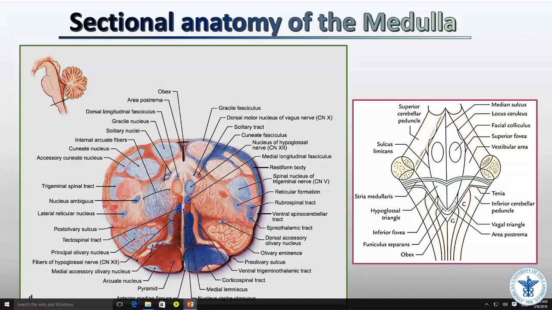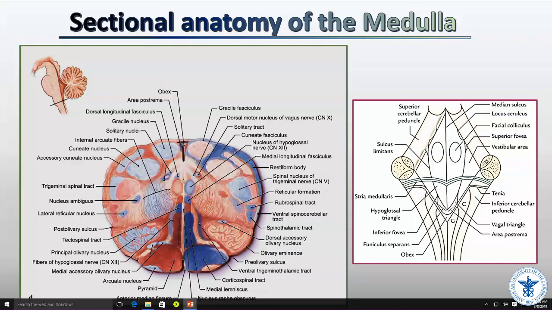Again, some of the important structures that you see here is the nuclei at this section, the gracilis and the cuneate nucleus become very prominent. This is the first section where you begin to see them, okay? And also you're seeing the decussation of the internal arcuate fibers there going to the medial lemniscus.